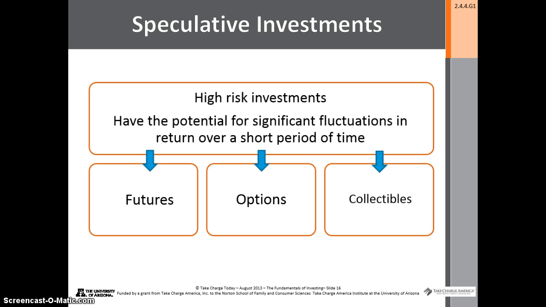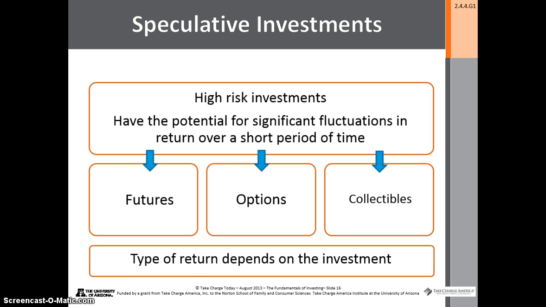Collectibles, cultural artifacts that have value because of their beauty, age, scarcity, or popularity, such as antiques, stamps, and etc. I'm not sure how much you know about antiques, but there are definitely some antiques that are worth a lot of money. So, the type of return on these items depends on the investment and what is used here, but they are definitely very high risk items.